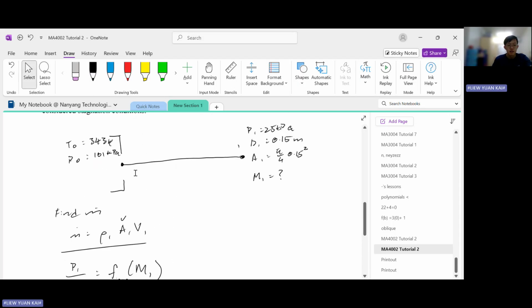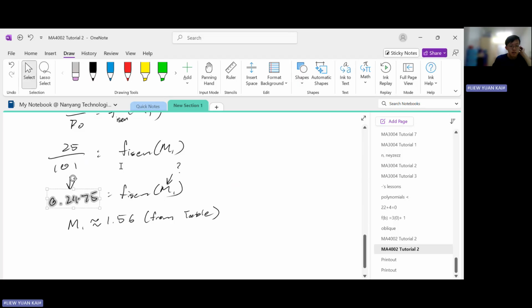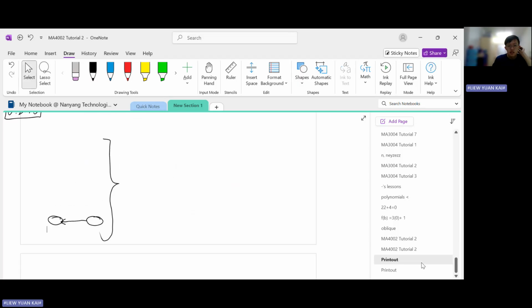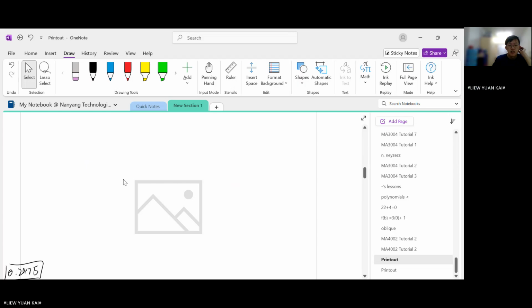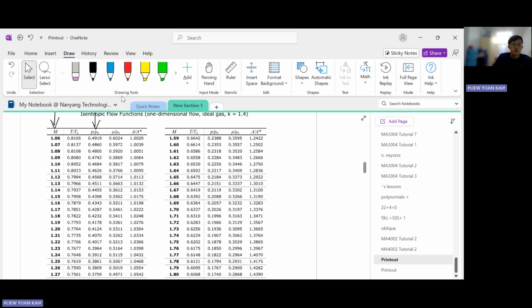So let me say again. We want to find the Mach number at point 1. We need to use the stagnation pressure and the static pressure. We know that the pressure ratio is a function of Mach number, so we write it like that, and it must be specified to the isentropic flow table. We substitute those pressures in and calculate 0.2475. Then we go back to the table, look at the pressure column, and find the entry which is closest to 0.2475.